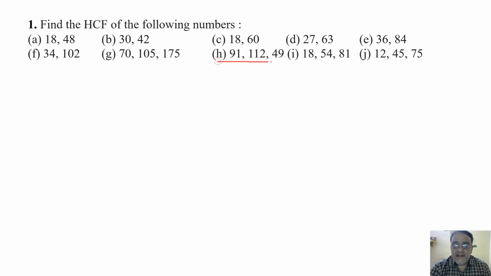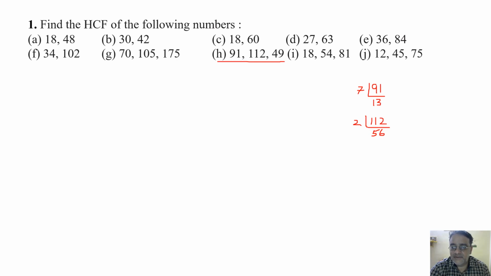So H bit में हम लोग को 91, 112 और 49 का प्राइम फैक्टराइजेशन करना है. तो स्टार्ट करते हैं 91. First 91, we have to divide it by 7. 13. 13 is a prime number. Stop. Now 112. 112 divided by 2 first, 56.